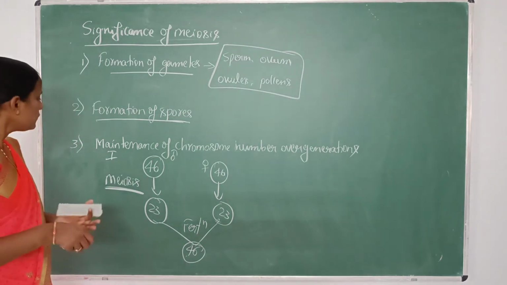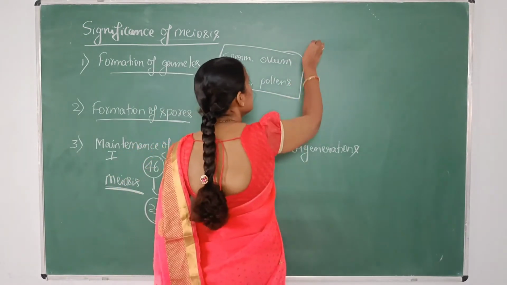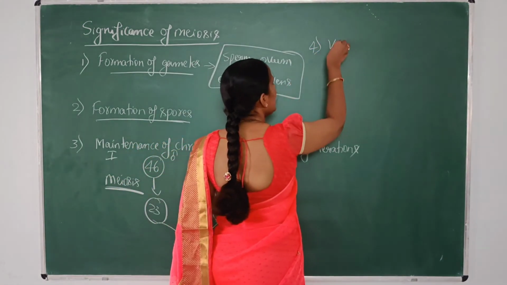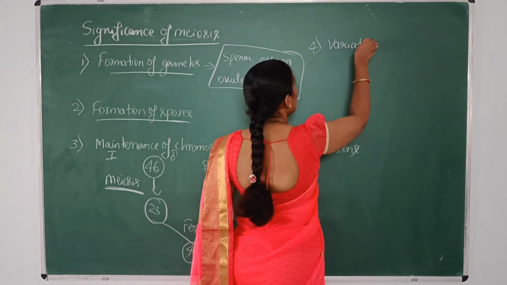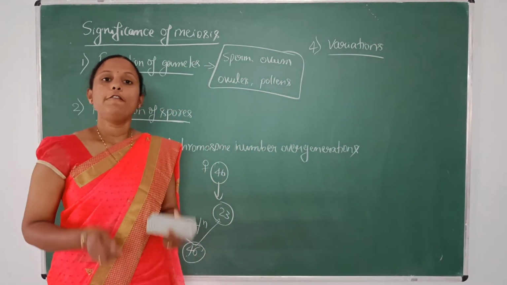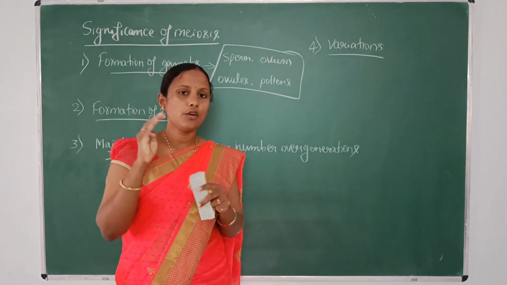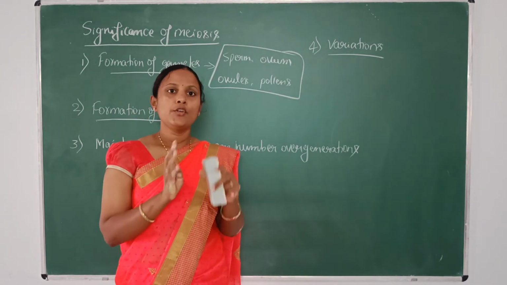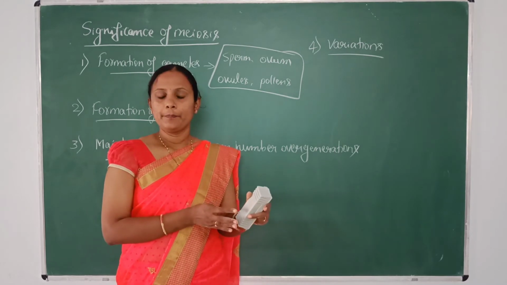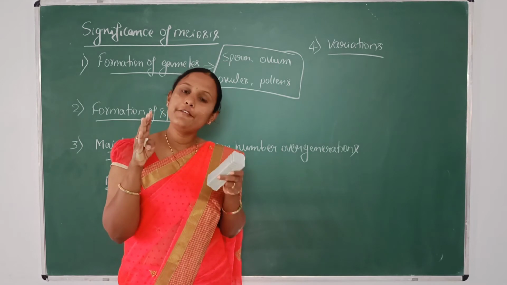And one more very important significance of meiosis is creation of variations. If we observe two generations, just imagine you observe your father and mother and you or your sibling. Both the generations are having quite different characters.